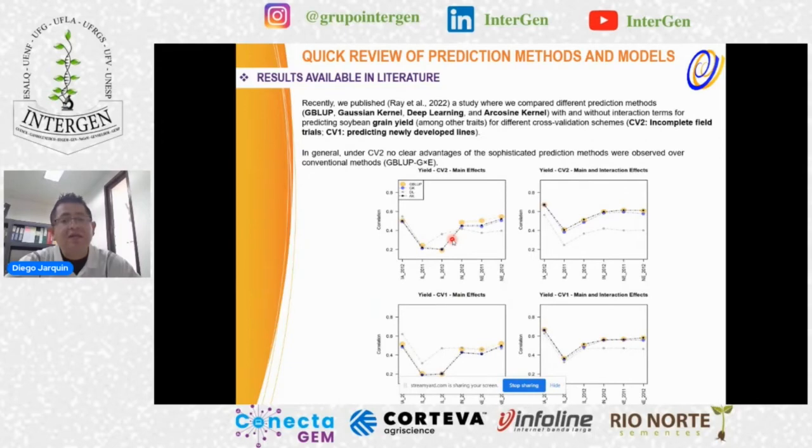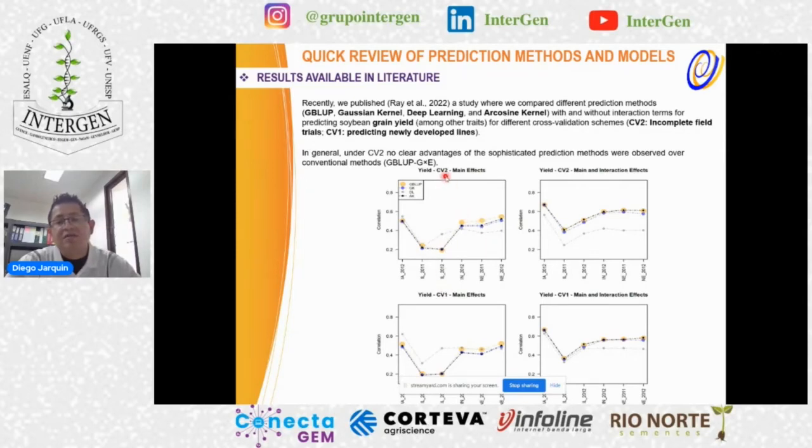Also, we recently published in this paper a study where we compared 4 different methods: GBLUP, Gaussian kernel, deep learning, and arc-cosine kernel, with and without interaction, to predict yield performance. We studied the case of predicting sparse testing, so genotypes in already observed environments.